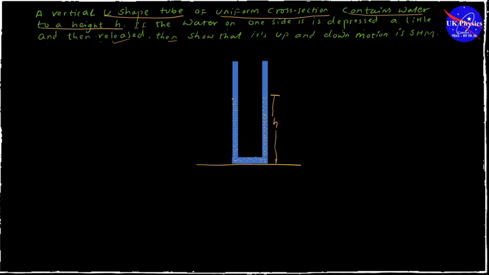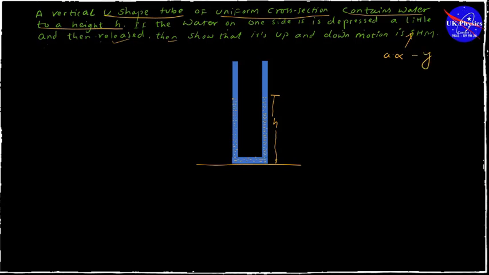Obviously, if the water on one side is depressed a little, then the water level will rise on the other side, and if the depressing force is removed, there will be a to and fro motion of the liquid inside the tube, and we have to show that this motion is simple harmonic.